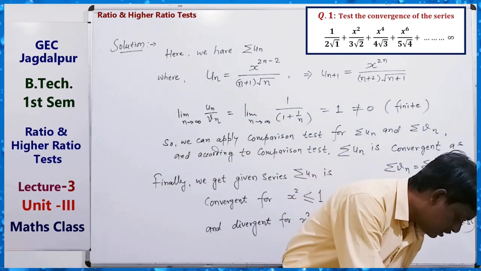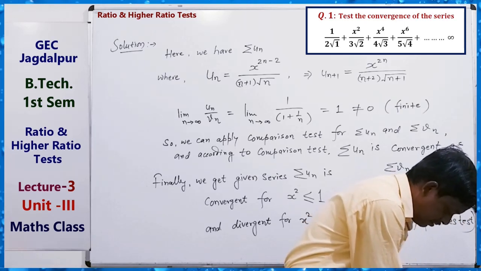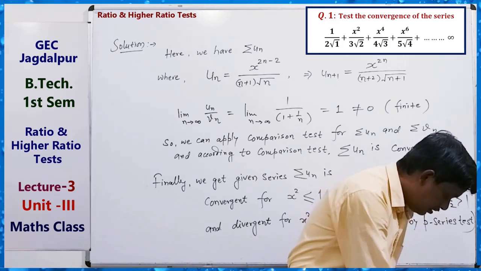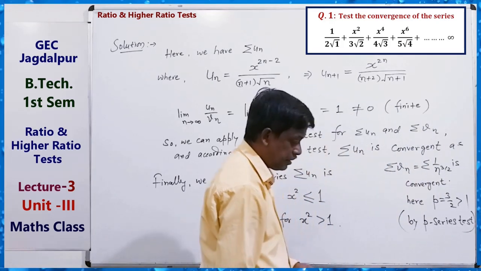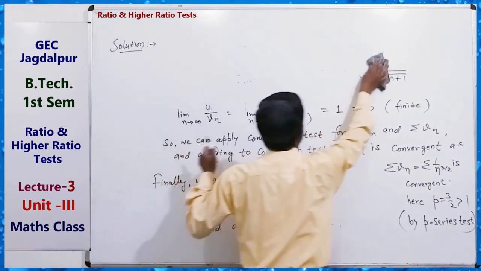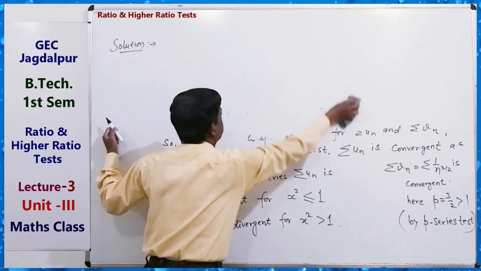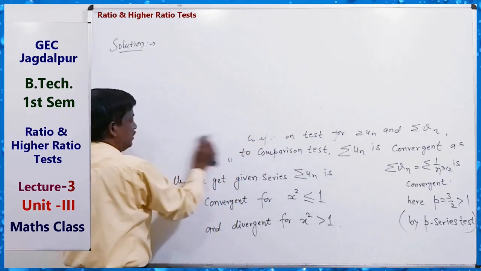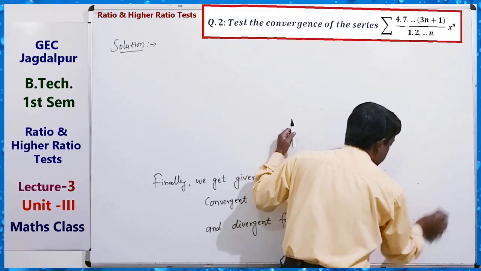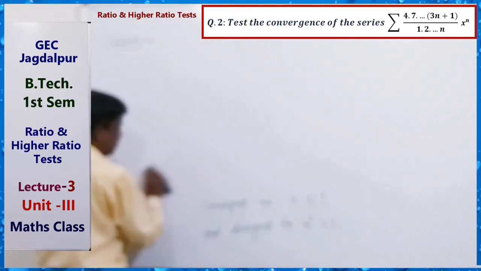Okay, now take the second question. Just see that in this question, in the case when the ratio test fails, we will try to use either the Raabe test or the logarithmic test.